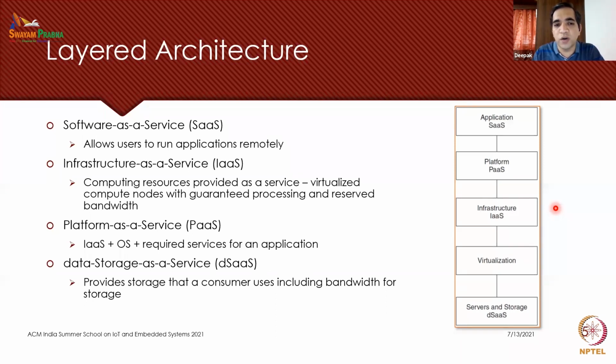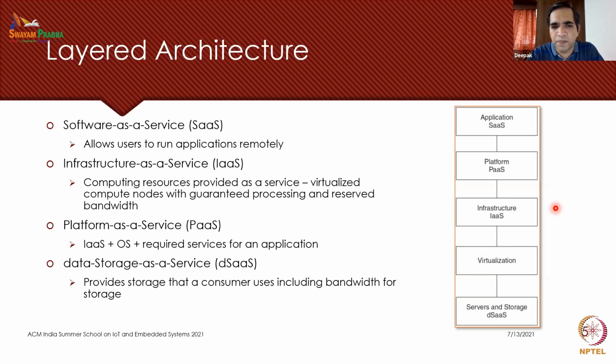You're now asking for a set of resources that are virtualized on a set of nodes available in the data center, and you will get a logical set of resources derived out of the physical compute nodes that are available in the data center.